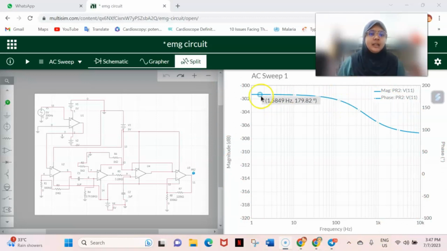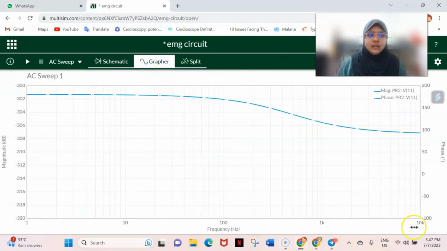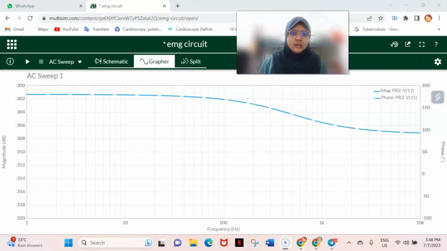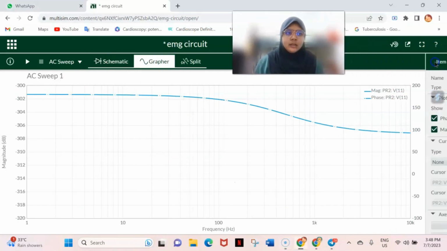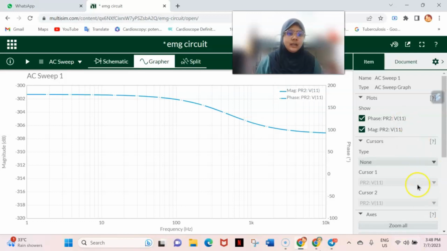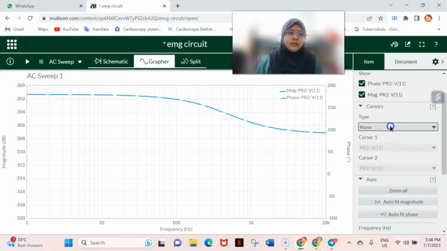And as you can see, this is the graph which is a combination of magnitude and phase. So we can check for the magnitude, and we click the settings. Okay, this is for the circuit.